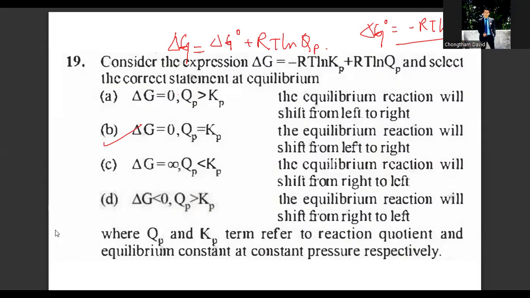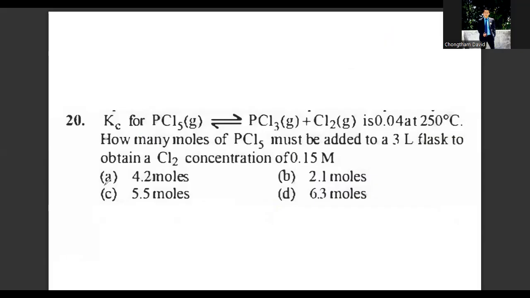This is clear. Let us see question number 20. Kc for dissociation of phosphorus pentachloride giving PCl3 and chlorine gas is 0.04 at 250 degrees Celsius. How many moles of PCl5 must be added to a 3-liter flask to obtain a chlorine concentration of 0.15 molarity? So at equilibrium, the concentration of chlorine must be 0.15.